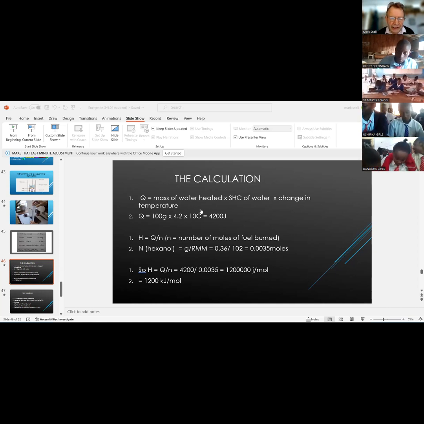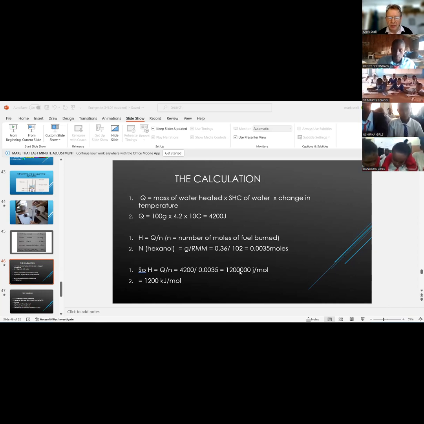The enthalpy change is Q over n. So that's the total amount of heat given out over the number of moles. So it's 4200 over 0.0035, which gives us this large number here, 1.2 with 5 zeros, but that's in joules.